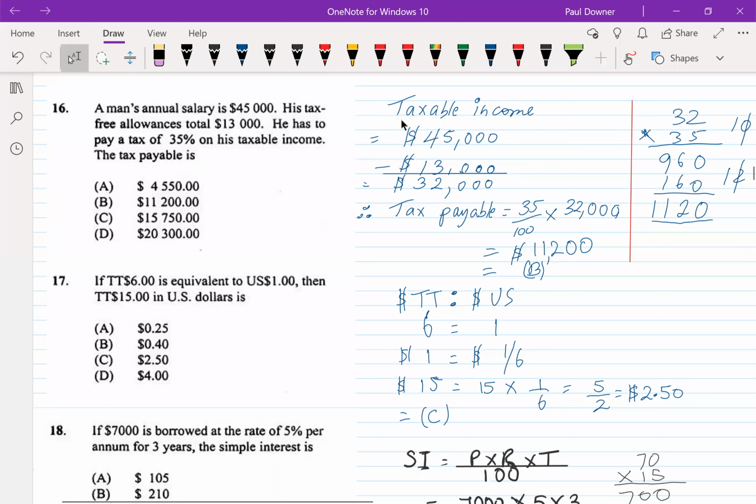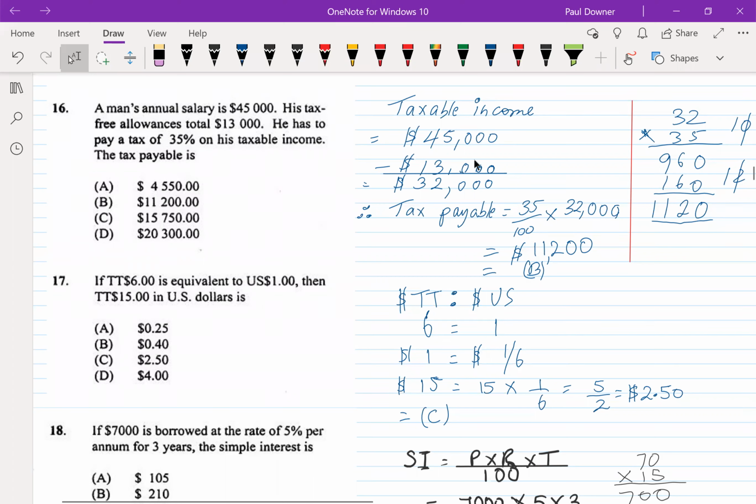Well, the taxable income would be his total income minus his tax-free allowances, which is this. He's not going to be taxed on this amount, so you back that out of what he earned, and the remainder, which is this figure here, would be his taxable income, how much money he has to pay tax on. Because remember, he's not going to pay tax on this.